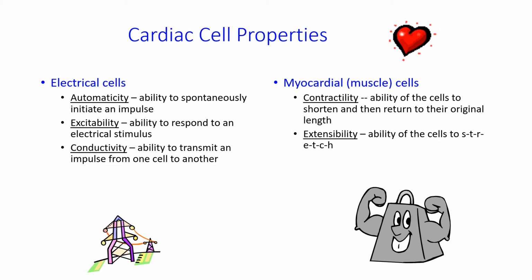All of the cardiac cells have the ability to squeeze, shorten, and then return to their original length and stretch. The benefit of the cells being able to stretch is that it's like a rubber band: the more it stretches, the more it'll swing back and give better contractility. So the myocardial cell will stretch and contract in order to pump blood forward.